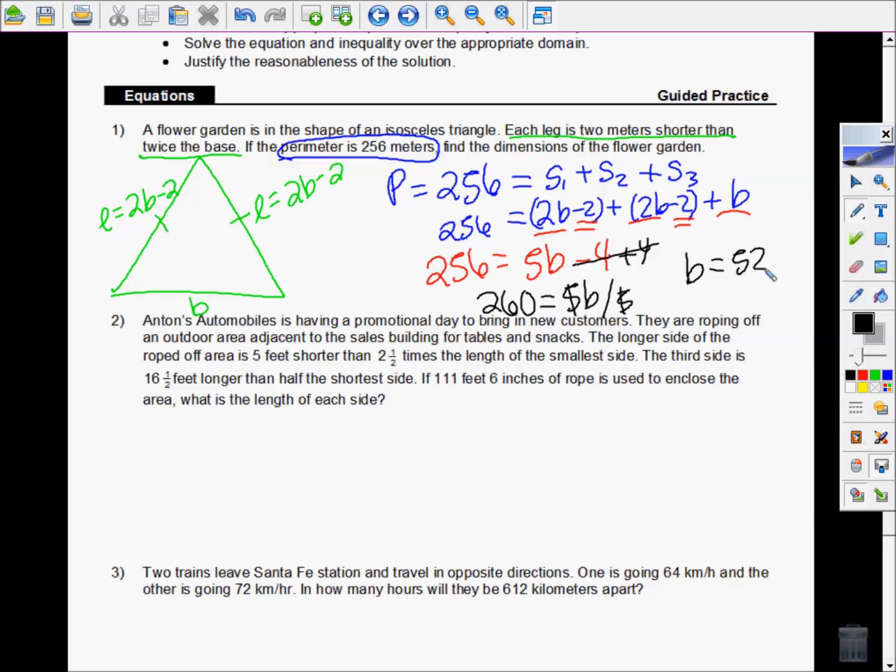So I know that my base is 52 meters, right? Yes. Okay, so what is my leg? You plug in 52. So 2 times 52 is 104.